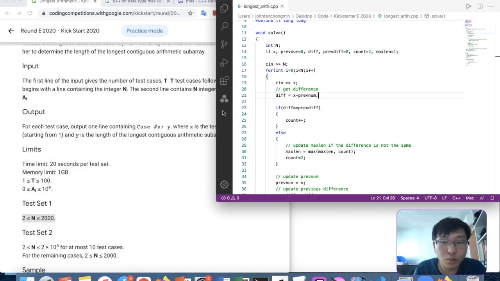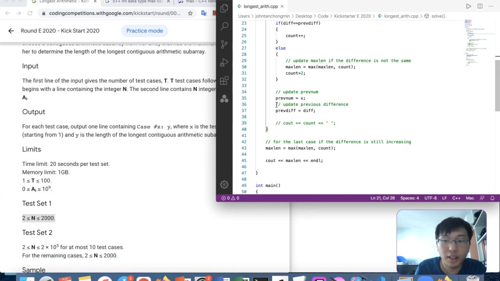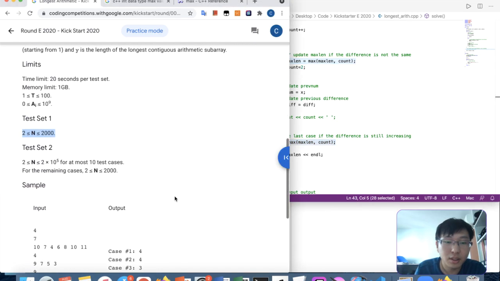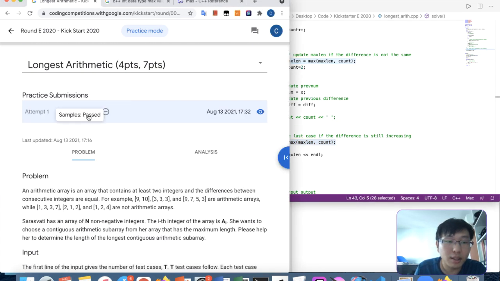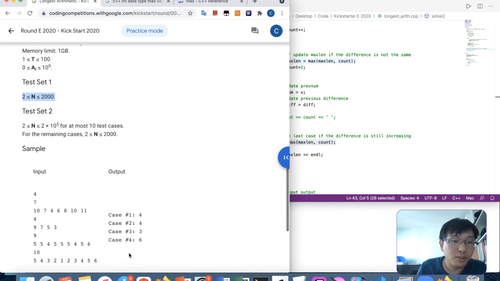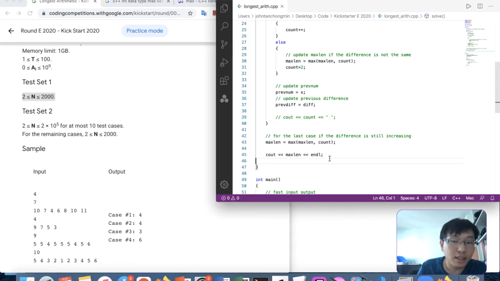The first case n is 2000, so it's not an issue with an integer limit. For the last case, the difference is still increasing. The fact that I got samples passed means the output formatting is correct. It just means that there might be some edge cases that it fails to detect.